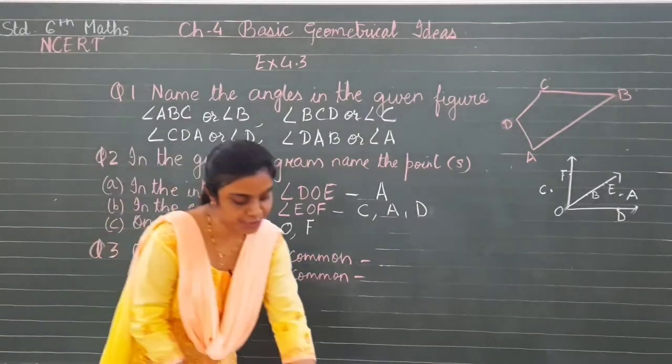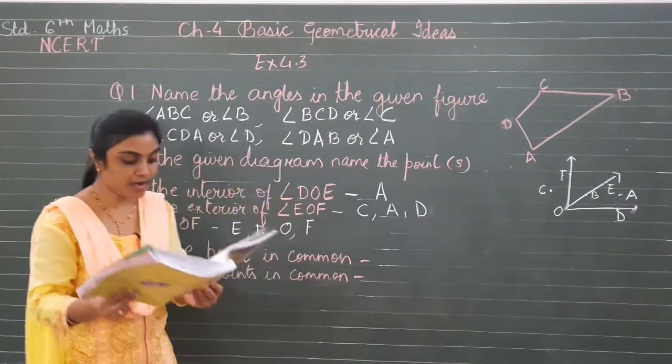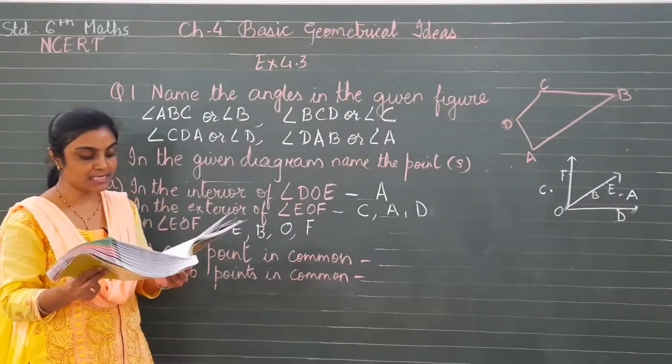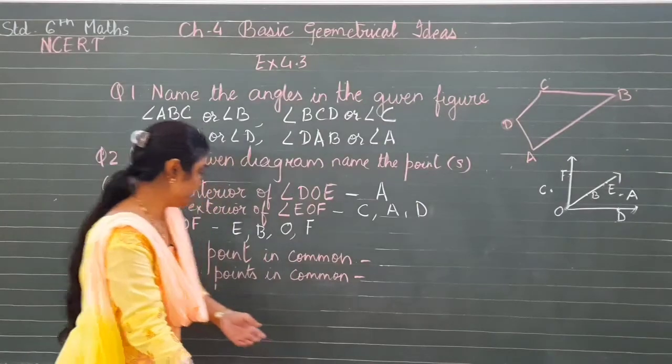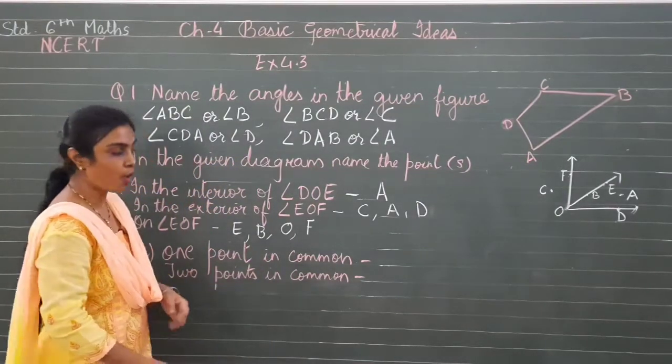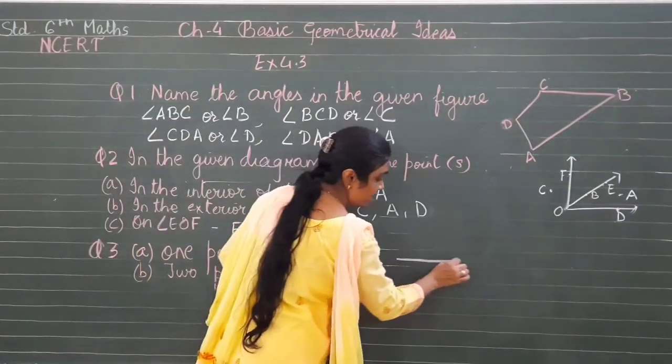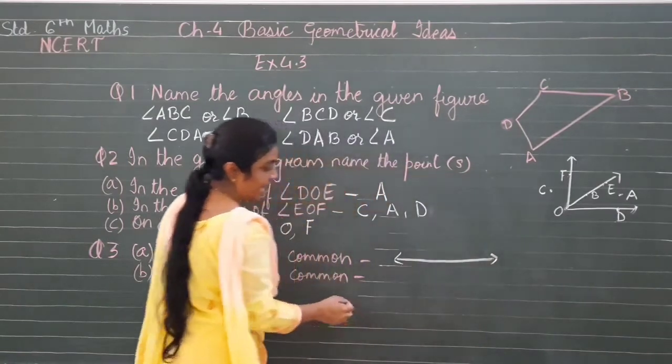Now the third question is, draw a rough diagram of two angles such that they have, first, one point in common. Suppose I am drawing one line.